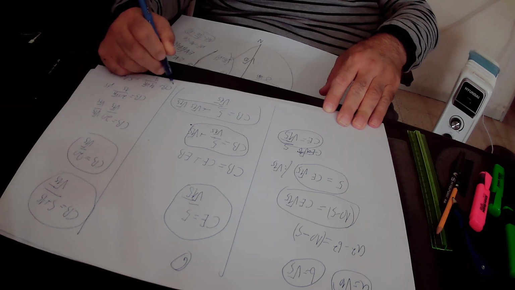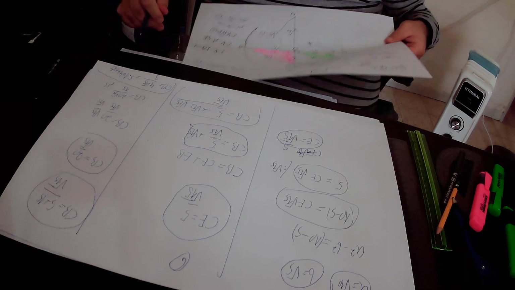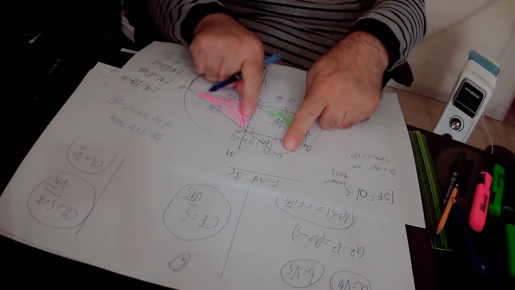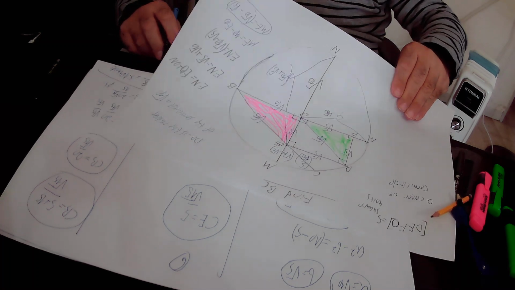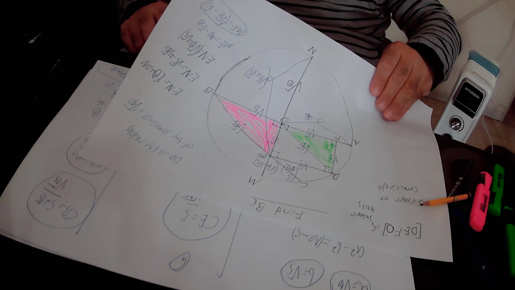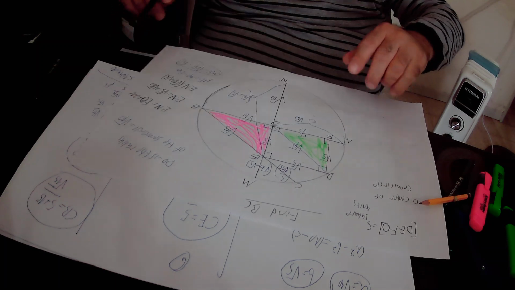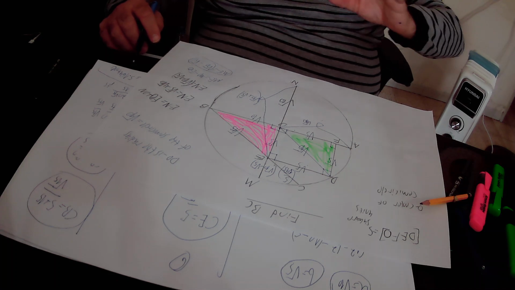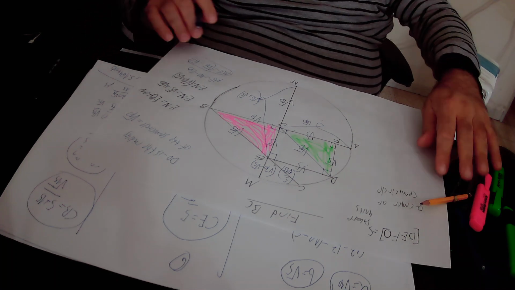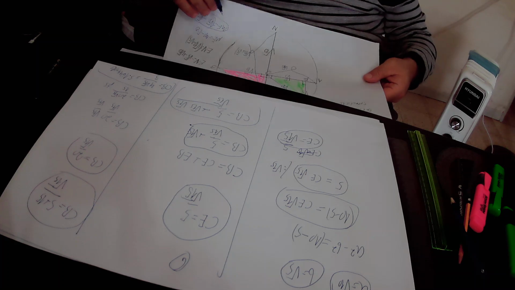I'll repeat again, the length of this line segment or chord CB, the chord that we are looking for, is equal to 4 times square root of 15 over 3, or in terms of numbers, 5.164 units. In the next step, I will summarize the lecture.